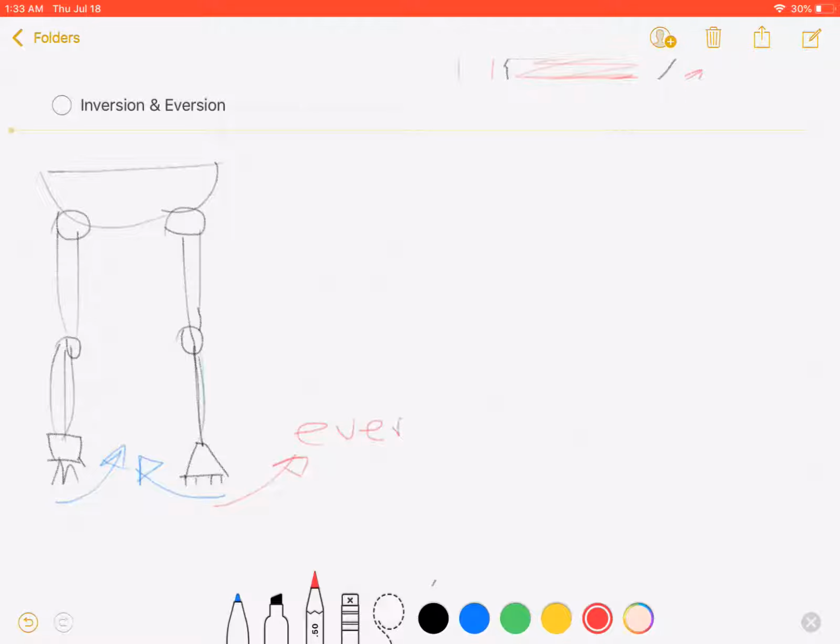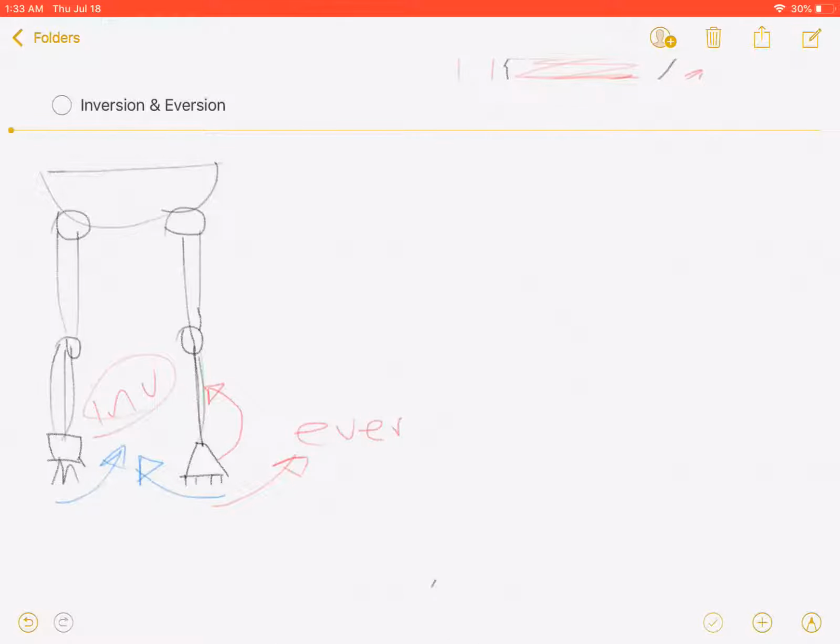So eversion is when, if this is anatomical position, this angle right here decreases, that means that the side of the sole of the foot actually goes up. That's eversion. But then if it goes inward, that's called inversion. Oh, that's easy to remember. Inside, inversion.